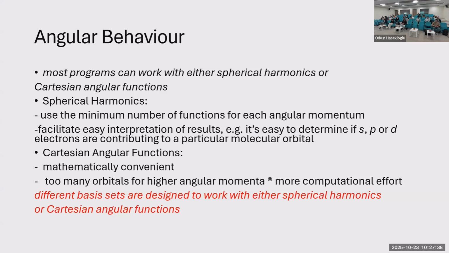When we use Cartesian angular functions, mathematically, it's very convenient. It uses, however, too many orbitals for higher angular momentum, and that means more computational effort. Different basis sets are designed to work with either spherical harmonics or Cartesian angular functions.